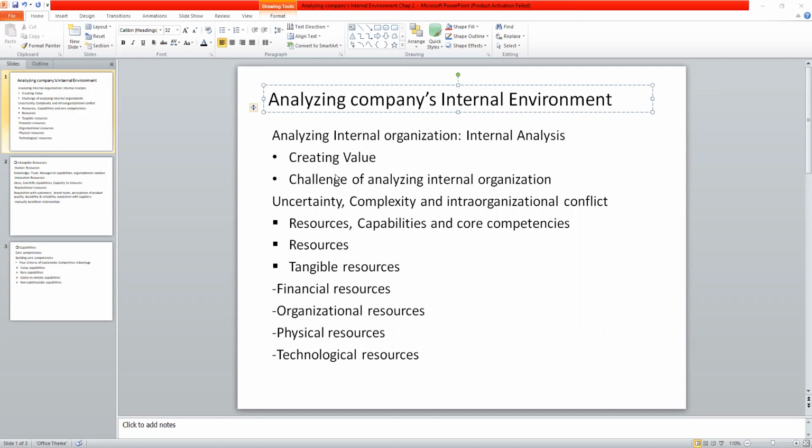Now, when one thinks of the challenges in analysis of the internal organization, the decisions of the managers also involve the choice about the assets of the firm to be utilized to the optimum level, or a combination of different competencies to be mapped properly.